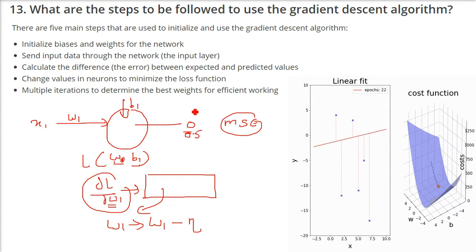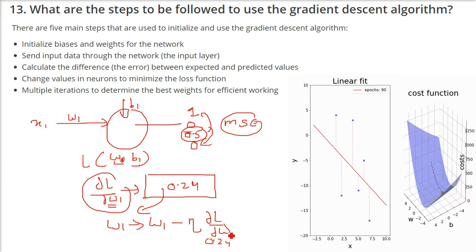For example, we want to get a boy or a girl. Boy is 1, girl is 0, but the neural network is giving 0.5. So delta L by delta W1 is 0.24. You have to subtract this 0.24 multiplied by eta from the weight, because you're not getting a good result. So W1 = W1 minus eta delta L by delta W1 is your gradient descent.